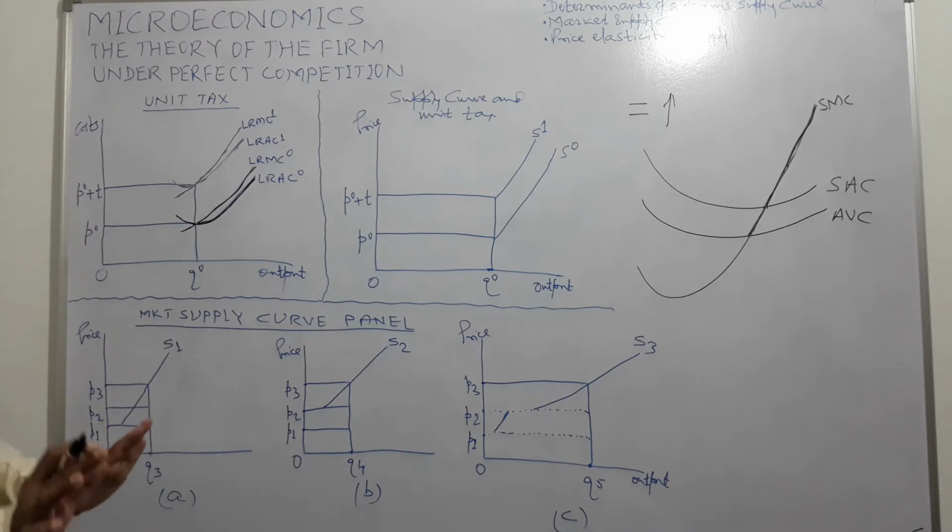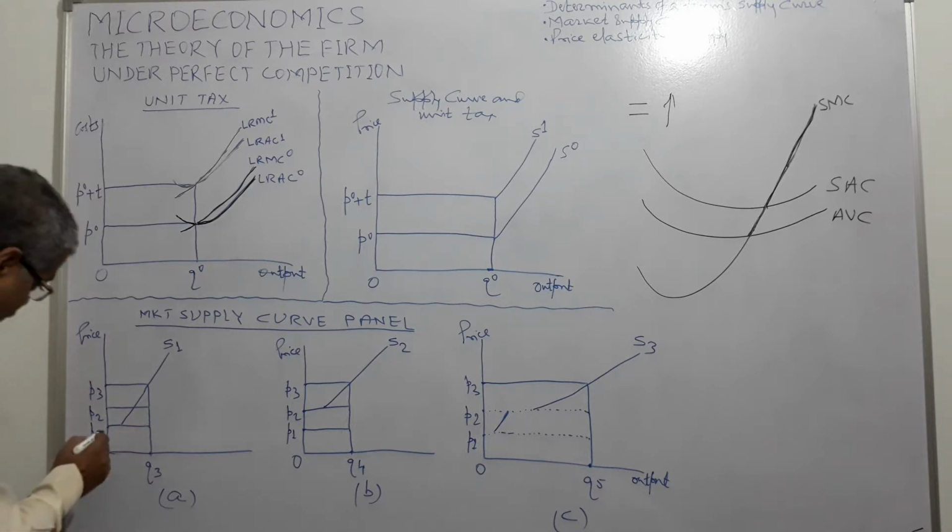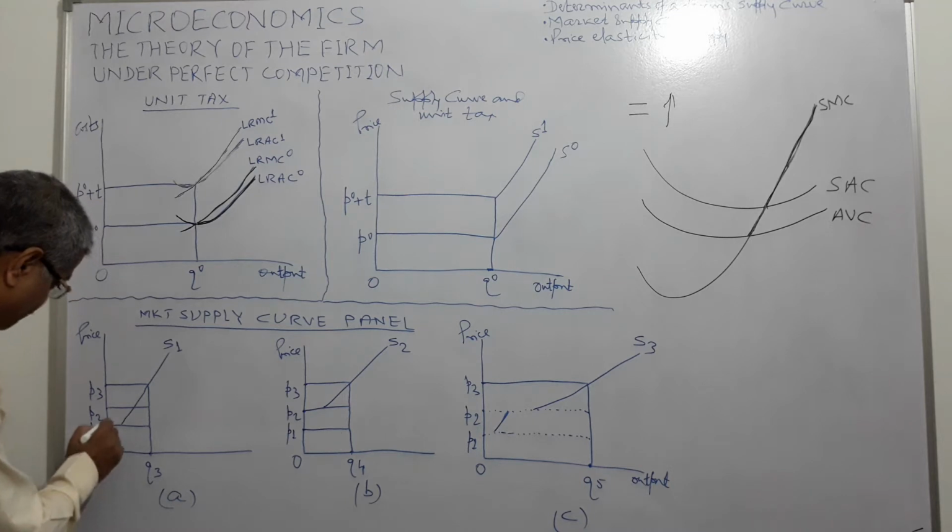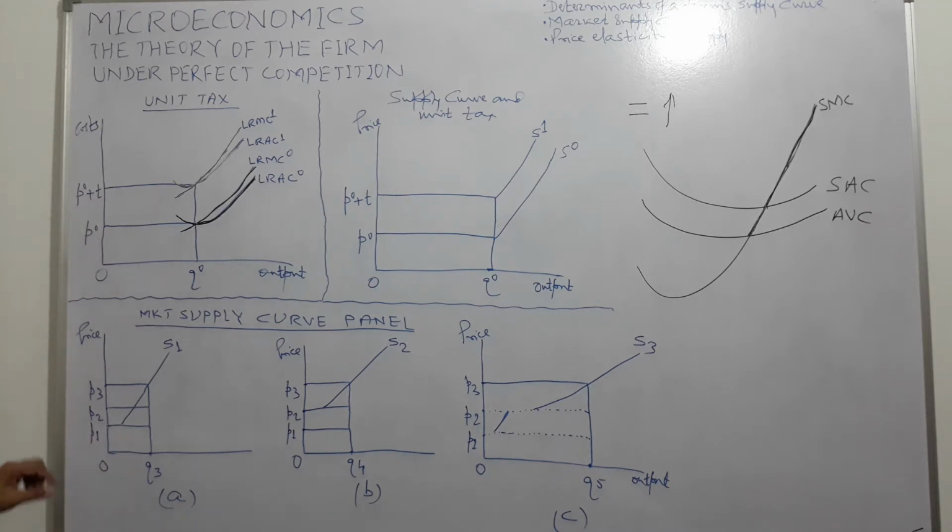If the price is between P1 and P2, I will supply this much, right? So above P1, the supply curve of this unit is S1, right?